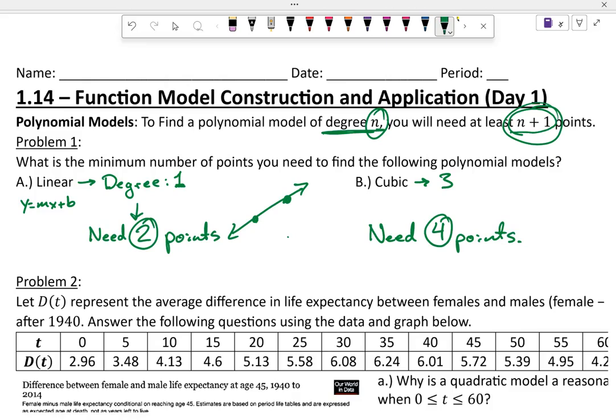So if we have cubic, degree 3, then we would need 4 points. It's always 1 more than the degree. So what if I wanted a degree 9? How many points would I need? 10. I need 10 points, 1 more than the degree.